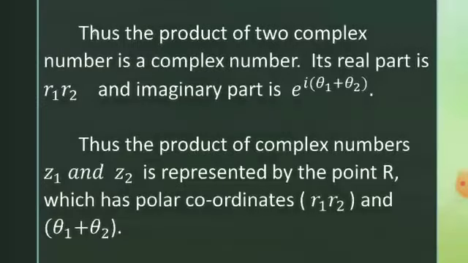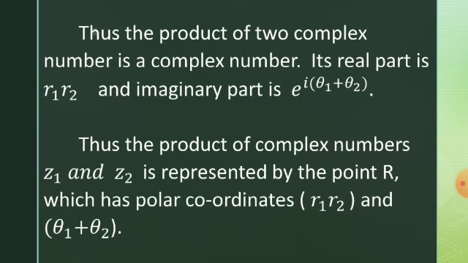Thus the product of two complex numbers is also a complex number. Its modulus is r1 r2 and its phase is e raised to i (theta 1 plus theta 2).